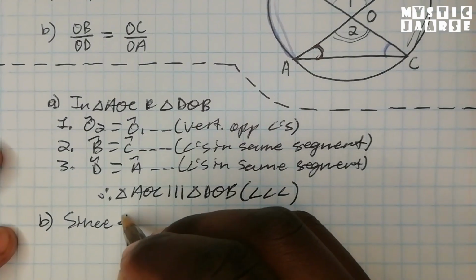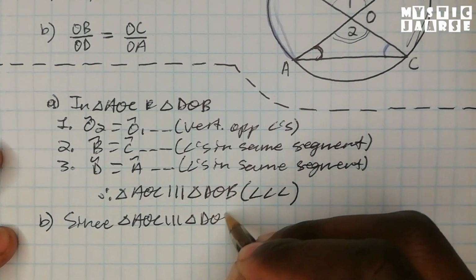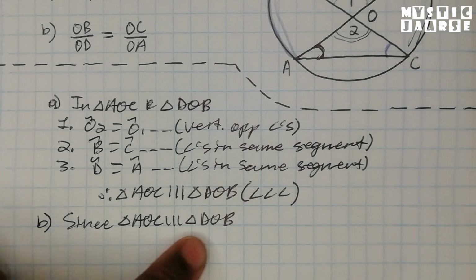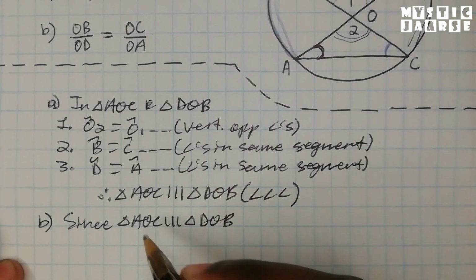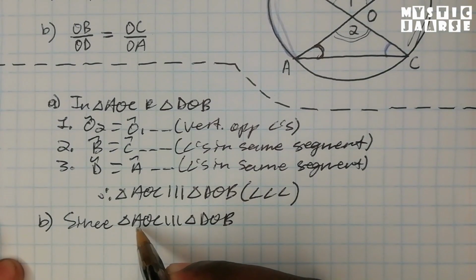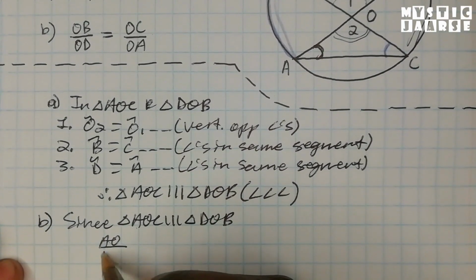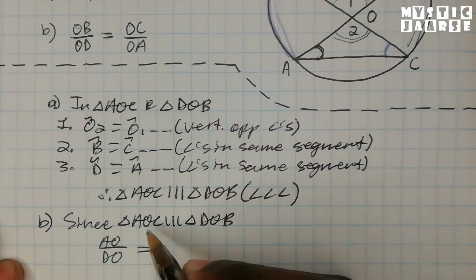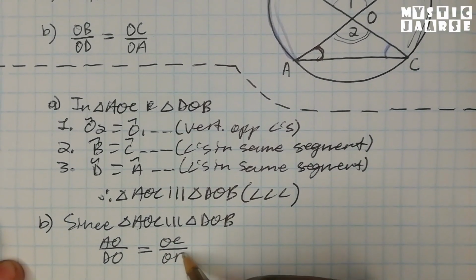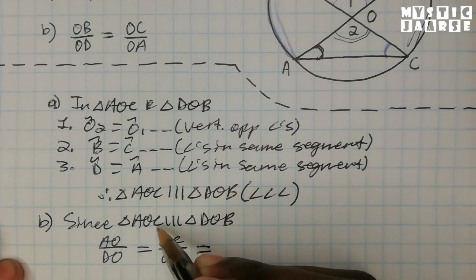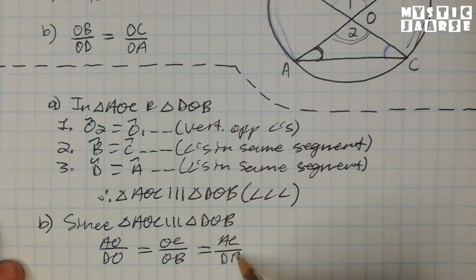Since my 2 triangles are similar to one another, I can take out all the corresponding sides from both of my triangles. So I can say AO divided by DO is proportional to OC divided by OB, which is also proportional to AC divided by DB.